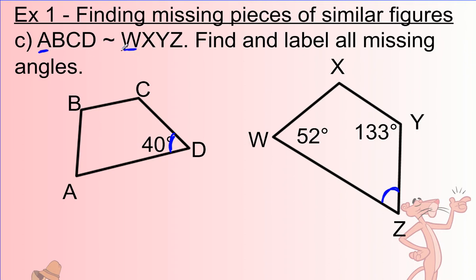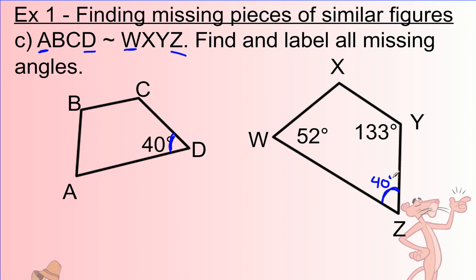So A and W are pairs. They're matching. They're corresponding pieces. D and Z are corresponding pieces. So my assumption that Z looked kind of like D was actually true. Those two angles are corresponding, which means they are congruent.